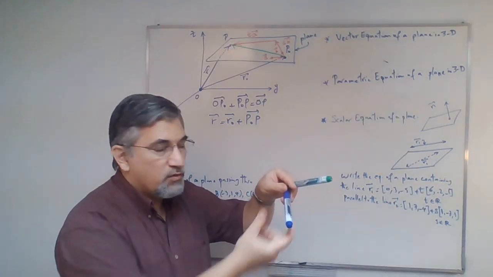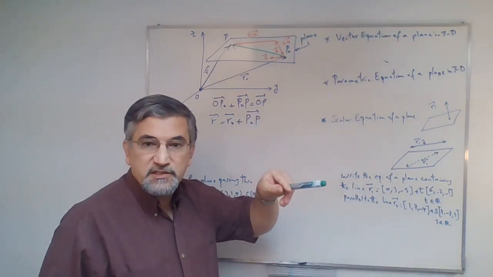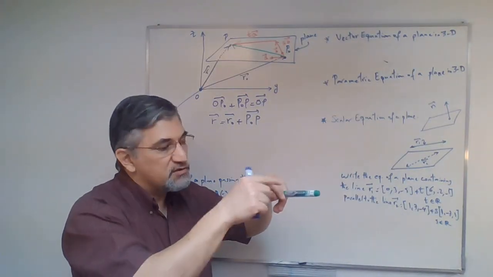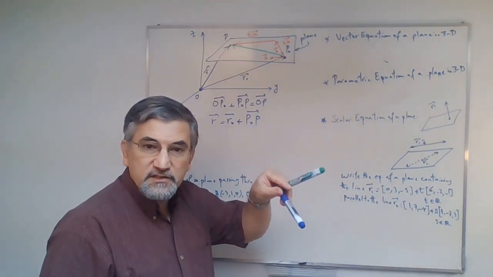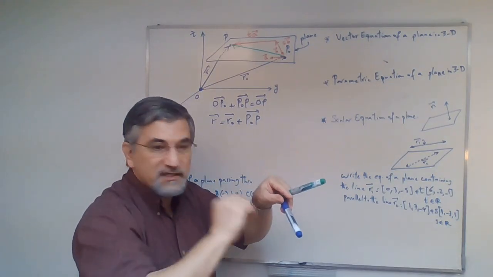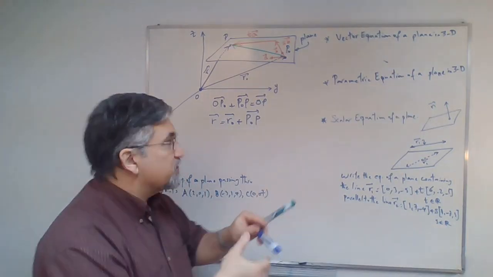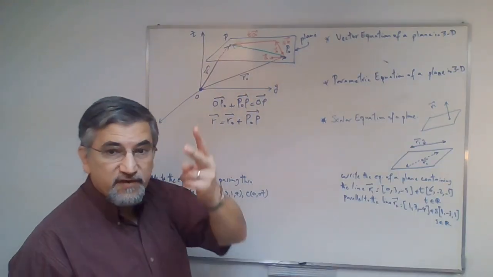With one vector, there are millions of planes in space that contain it. But when you have two vectors, there is only one single plane that contains both of them. That gives us the idea of breaking down vector P0P into two vectors.